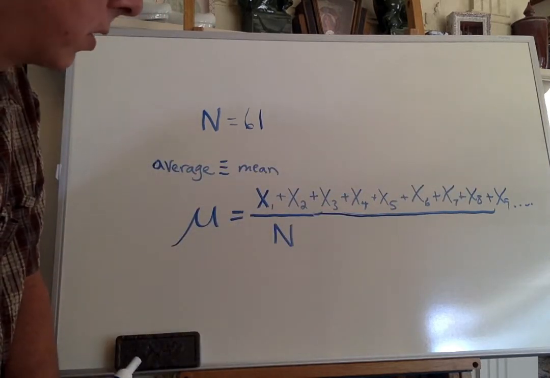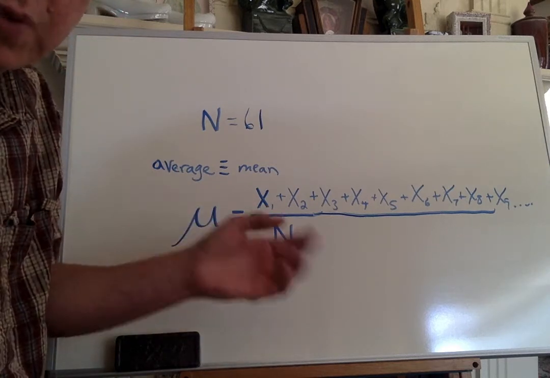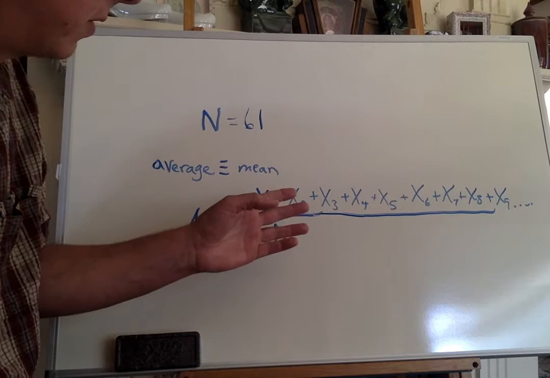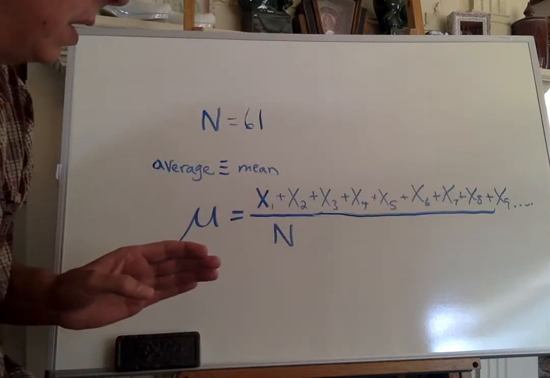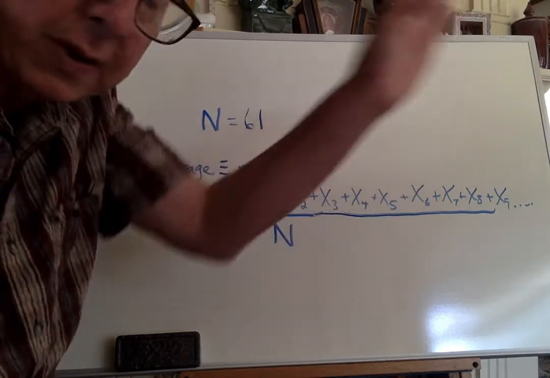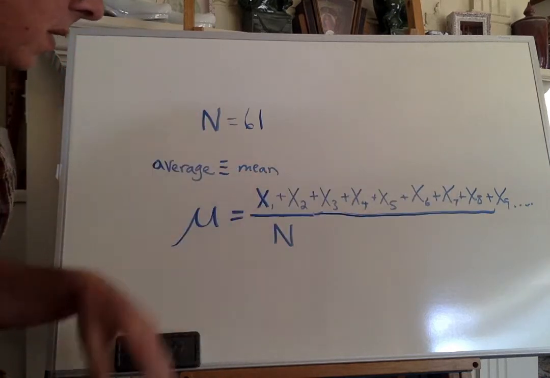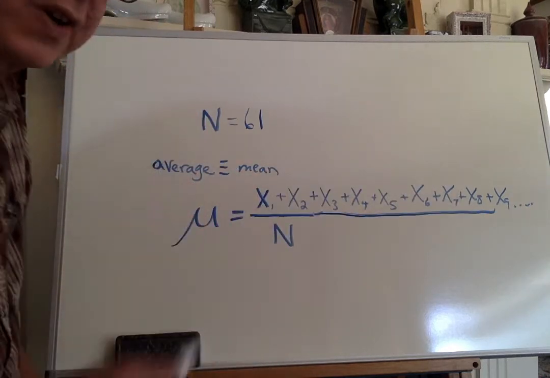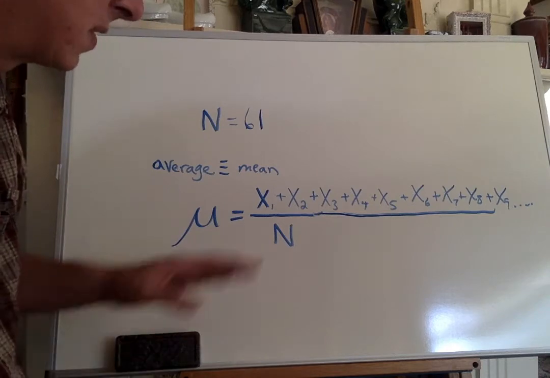I think you would agree that this is a cumbersome recipe. In fact, it will go out to 61 for this example, but if we had 21,000 points, we'd have 21,000 X's, and if we had 16 points, we'd have 16 X's, and so on and so forth. It's very cumbersome, and it's specific to this data set.